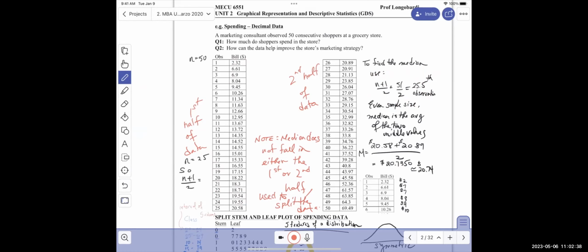What's n plus 1 over 2 in this case? Aha, so now because we had an odd number, we will get a clear decision on the center value. So it's a clear center. So that's Q1.